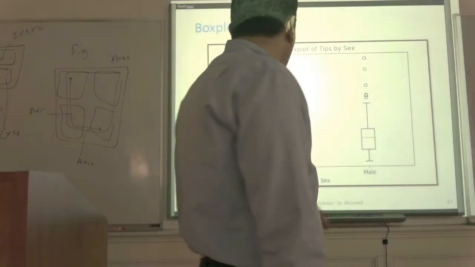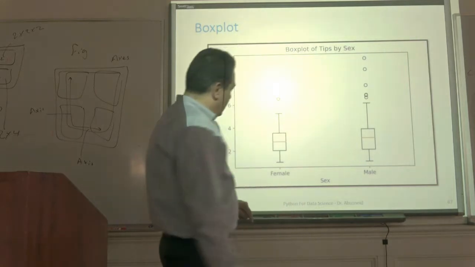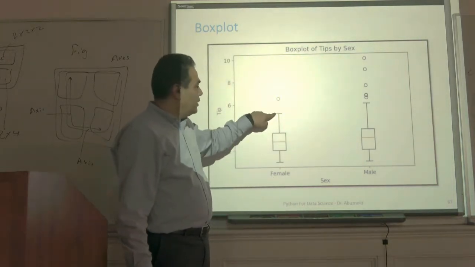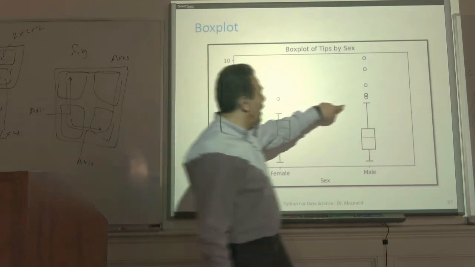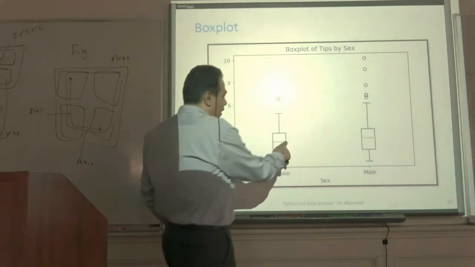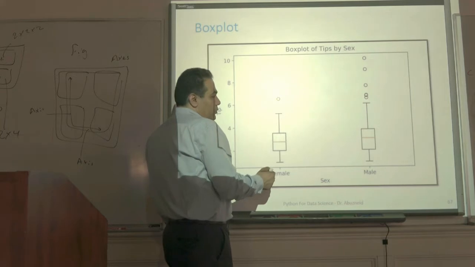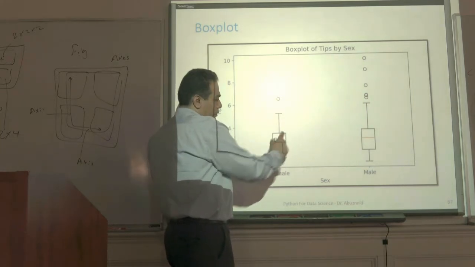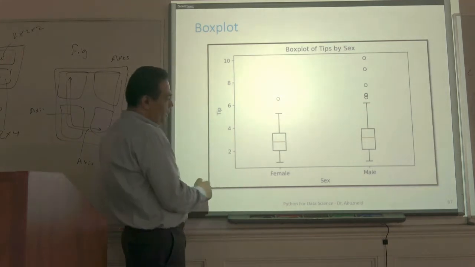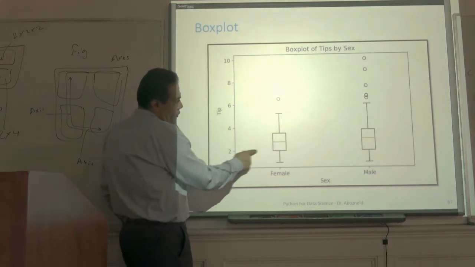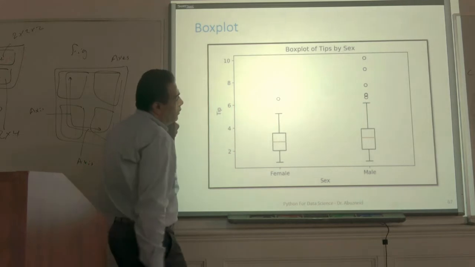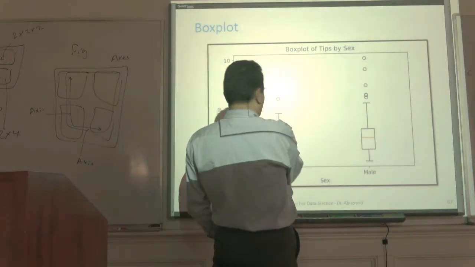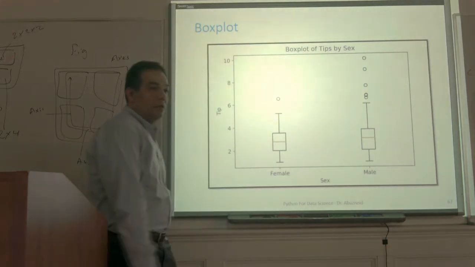Box plot is one of the plots. This will show you the minimum value, this shows you the maximum value, and here it shows the outliers, and this line is the median. It shows you 5 values. And this is the 50% of the data within the plot. So 50% of the data is between $2 and $4 for the female, and between $2 and kind of $5 for the male.